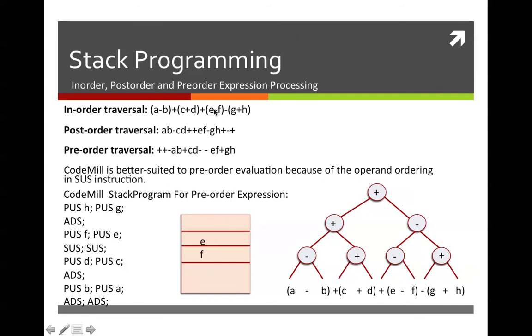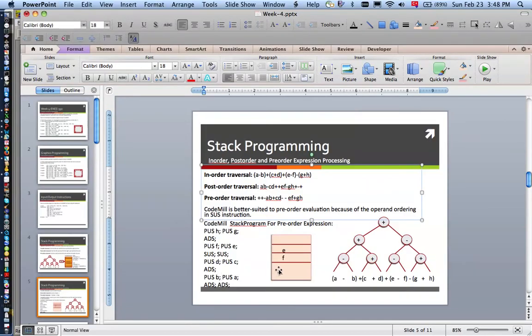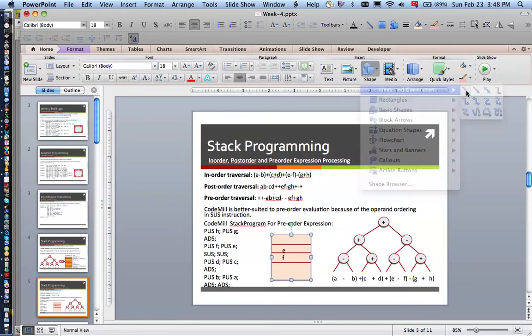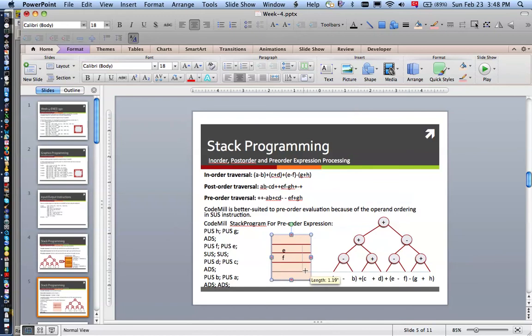So we would end up doing E minus F minus G plus H, because before we would have gotten here, we would also have had G plus H down here. That is a little bit like this. That's what we're going to have.